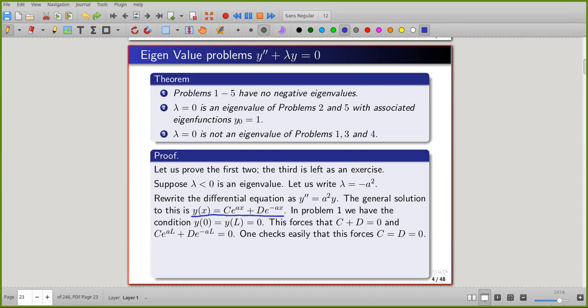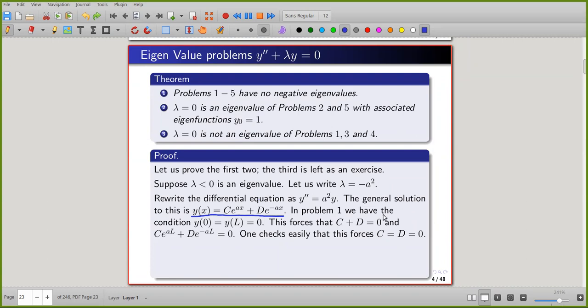When we put x equal to 0, we get that c plus d is 0. And when we put x equal to L, we get c times e to the aL plus d times e to the minus aL equal to 0. One trivially checks that this forces c equal to d equal to 0, which means that there are no non-trivial solutions. So in other words, there are no negative eigenvalues.